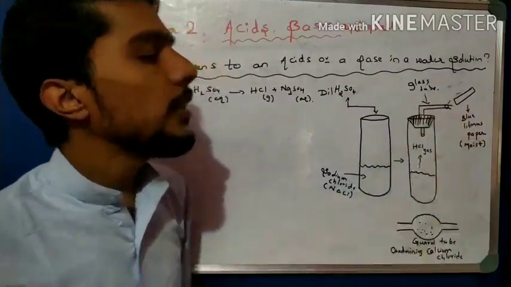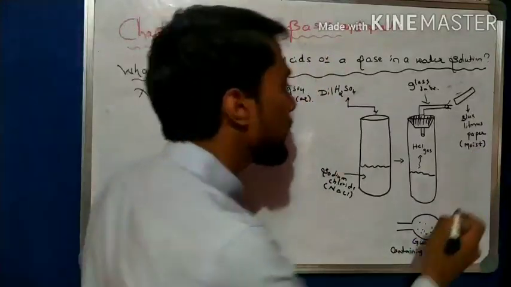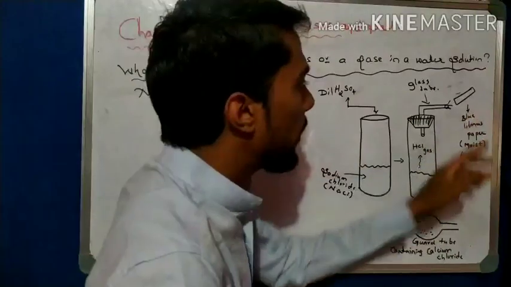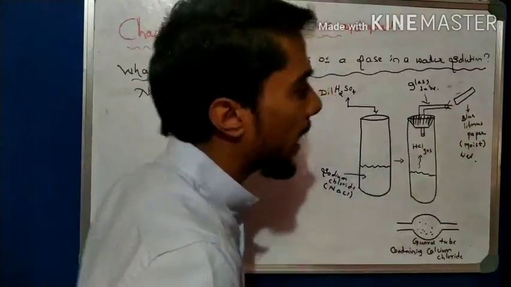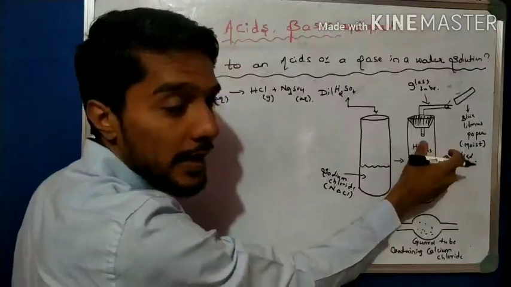We check the gas coming out with a blue litmus paper, moist, meaning a wet litmus paper. We know that hydrochloric is an acid.